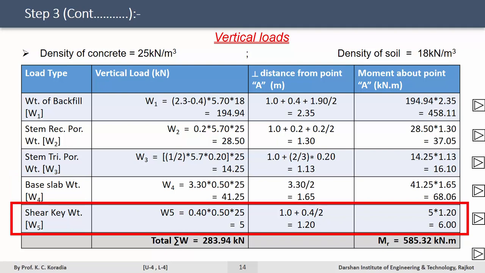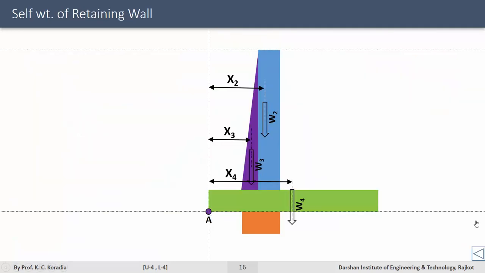And last is the shear key slab weight. Here the shear key dimensions are 0.4 meter width and 0.5 meter depth.